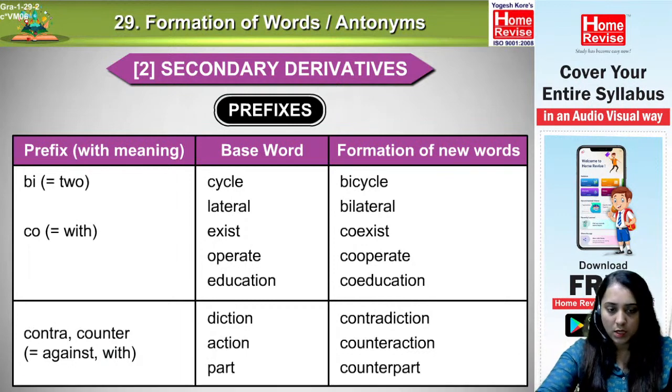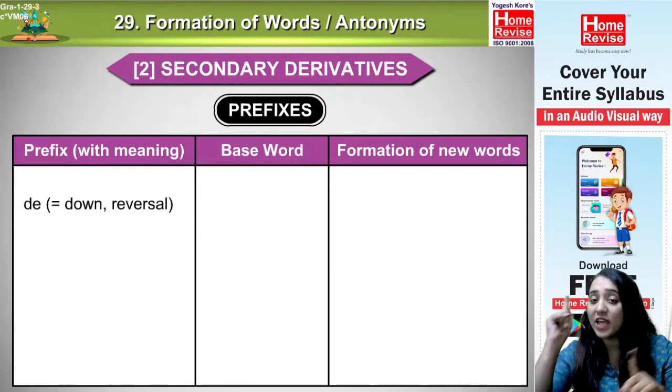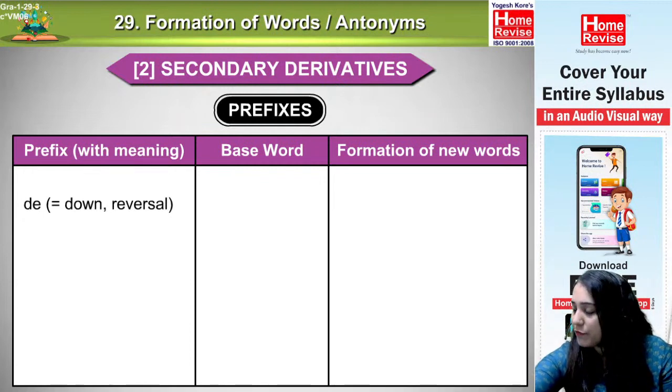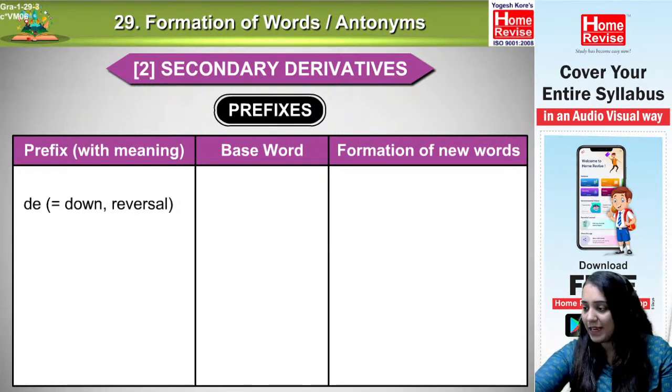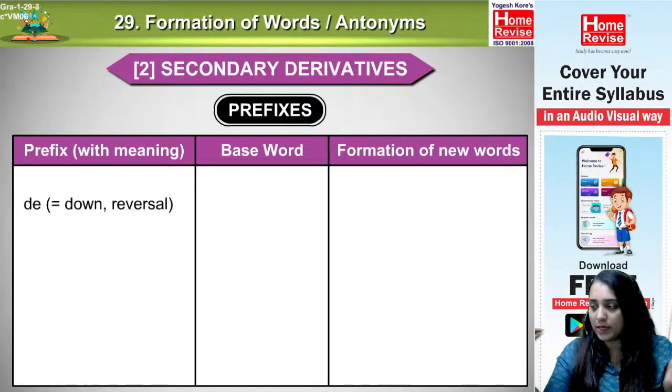Now, as everybody has understood what prefixes are, I want each and every one of you to give me at least one word with a prefix. Yes, friend, befriend, very good. Lateral, bilateral, very good. Yes, you can tell me any of the prefixes of your choice.